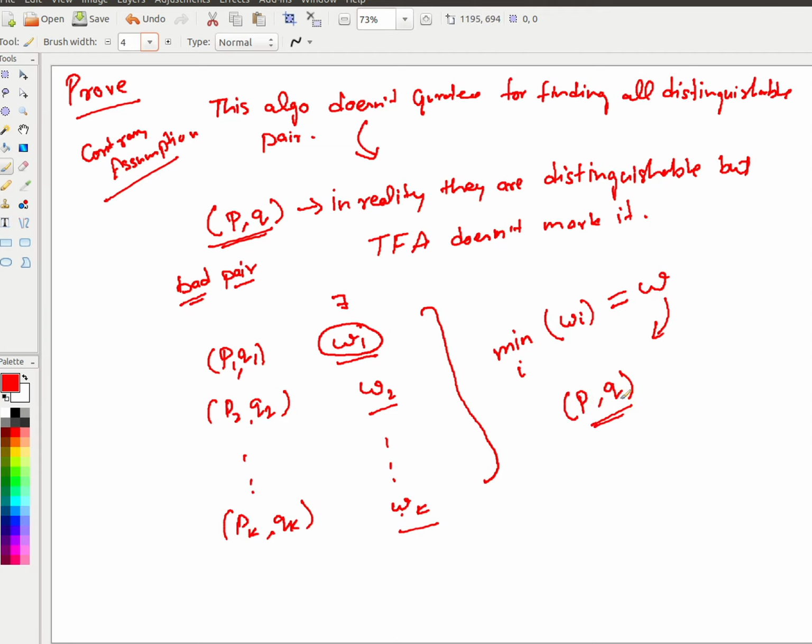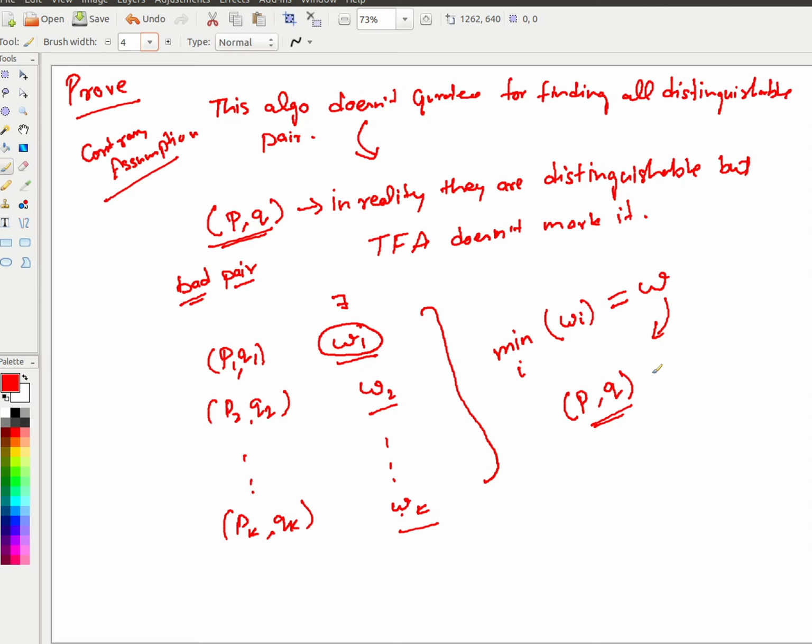So what is PQ? PQ is the tuple out of all bad pairs, the bad pair which is distinguishable by the smallest length string out of all possible. Correct? I think that's something very important, you must understand.